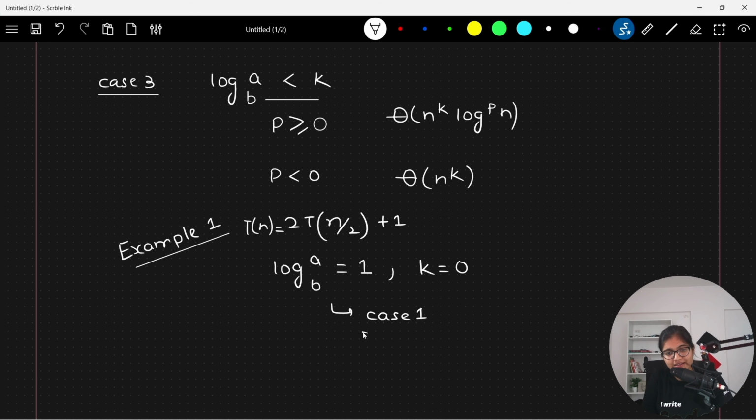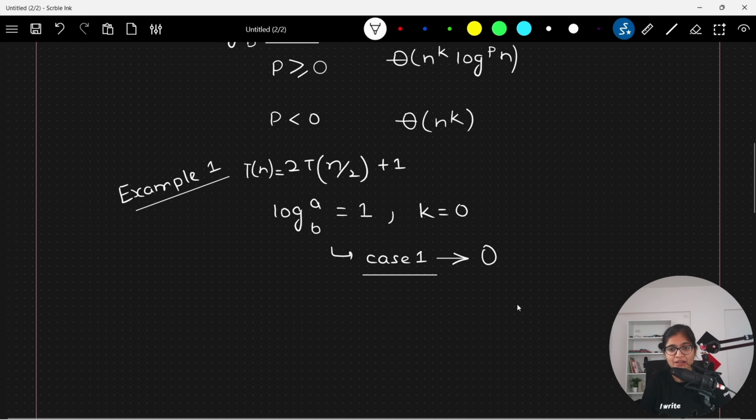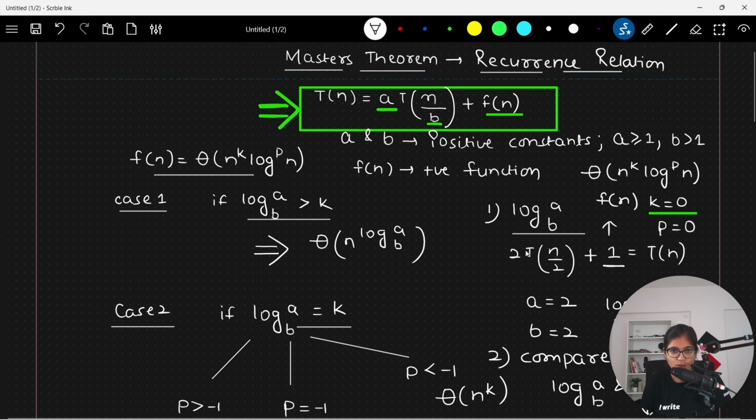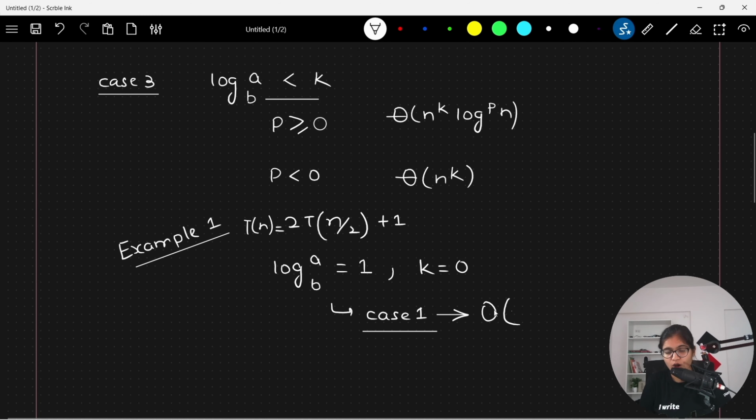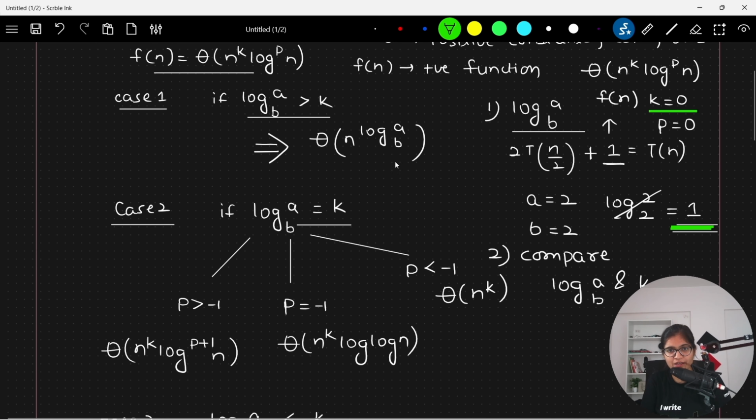And case number 1 says that if you are falling under it, your answer should be directly big O of, or you can say theta also, big O of or theta of, let me write it in the form of big O, because we will always talk about worst case time complexity. It will be n to the power log of a base b, which is the final answer. This is what you can refer from here as well.